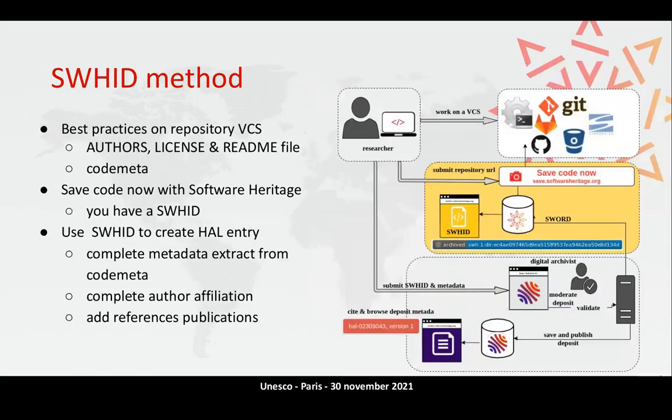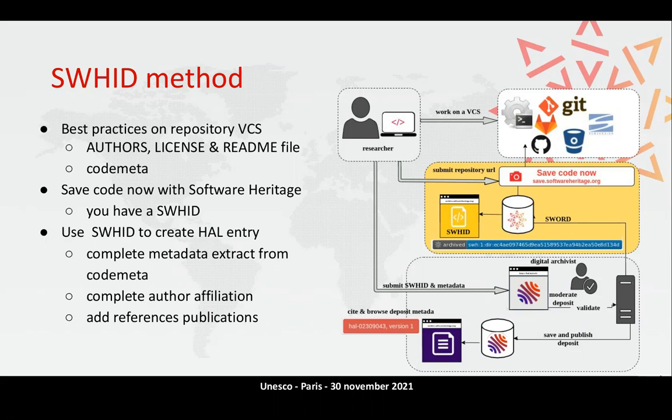The second method, which will be available soon, is directly from your source control system. Then you can use a magic service from Software Heritage called Save Code Now. You put in the URL, and then the service gives you a SWHID immediately, in a few seconds.